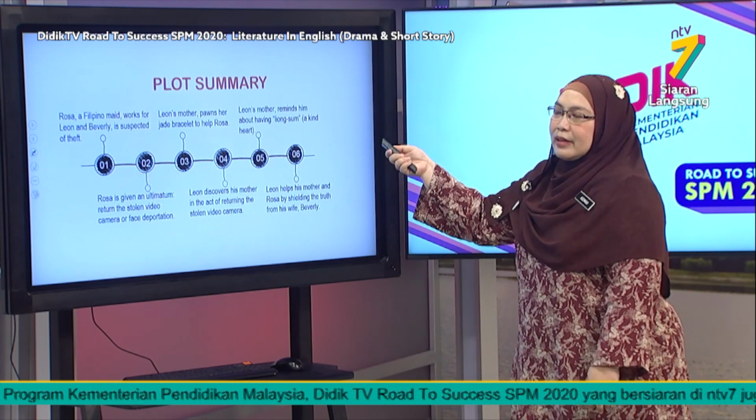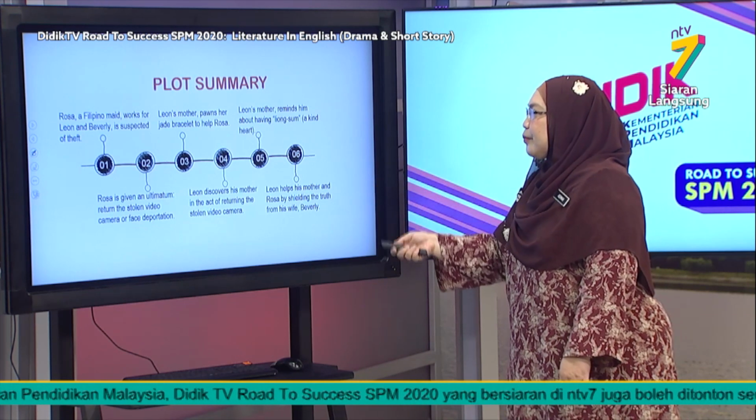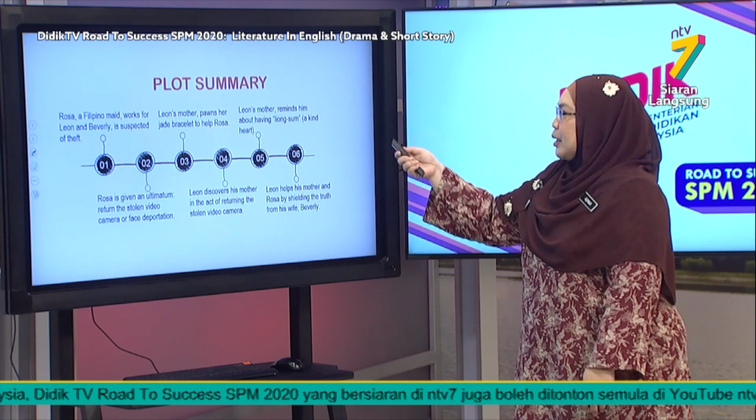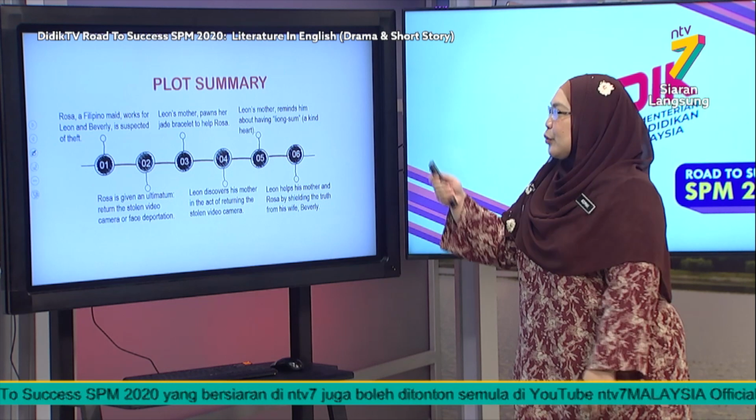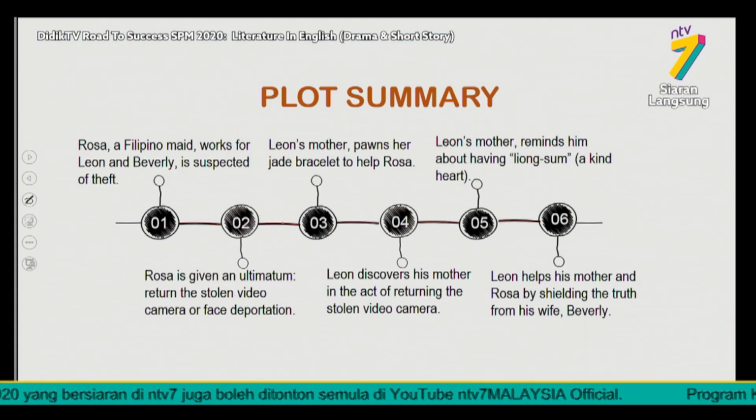So Leon's mother, also known as the Old One, pawns a jade bracelet because she is willing to help Rosa the maid. We discover as we read through the story, she feels a certain similarity, a familiarity even with the life of Rosa because she struggled too when she was young. So she feels, I will help Rosa if no one else will, all right?